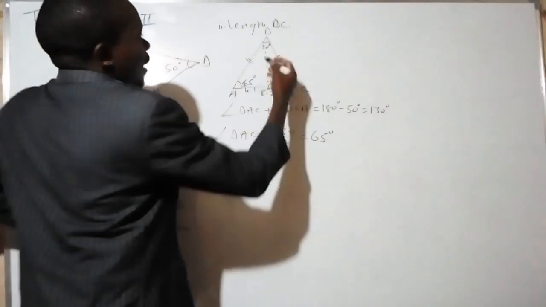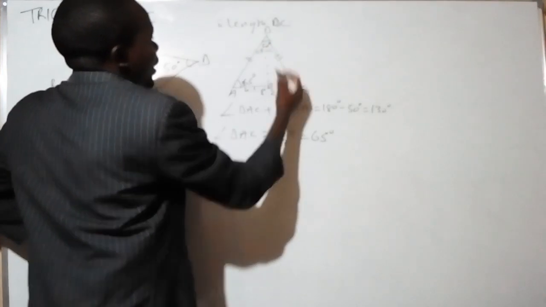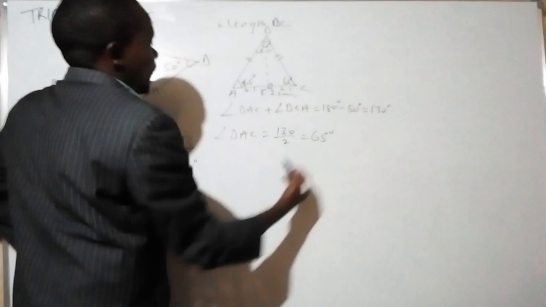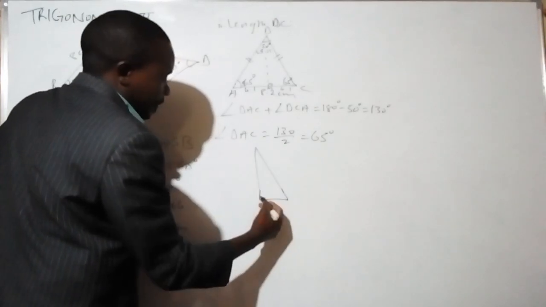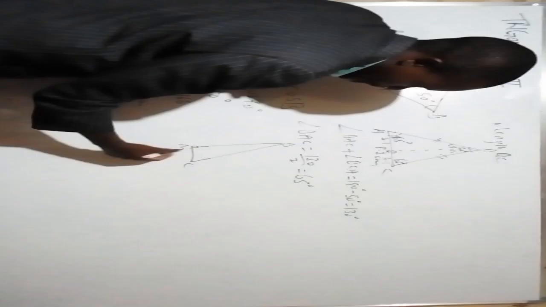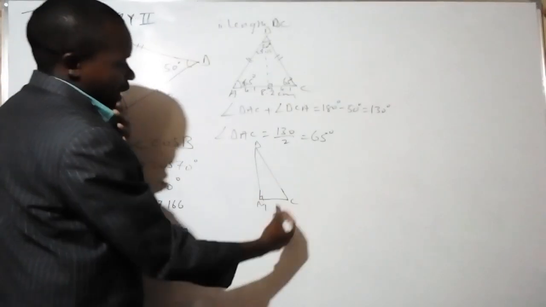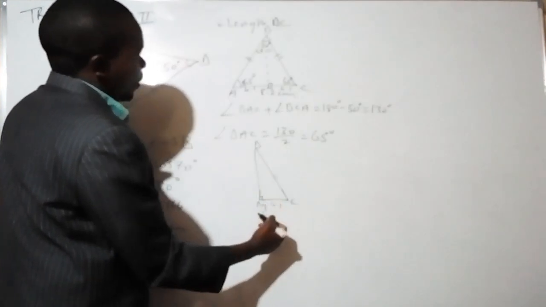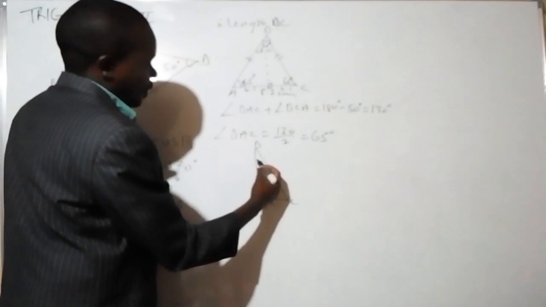Here we have 90, and they want us to get DC. This is our new triangle DCM, with MC 4.1 and this side length unknown. We have 90 there, 25 degrees, and here we have 65 degrees.